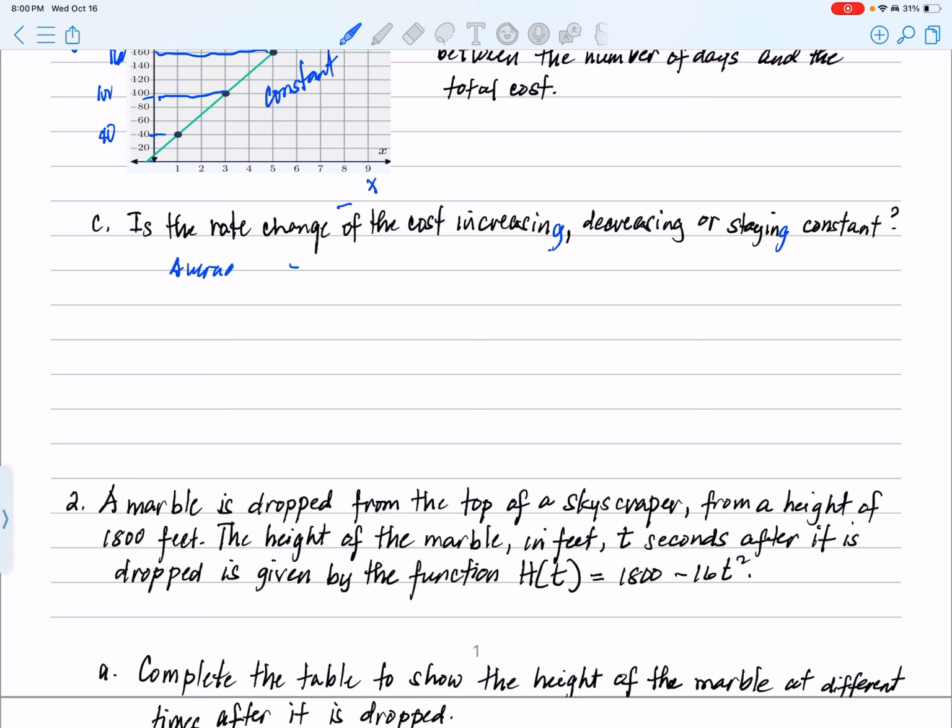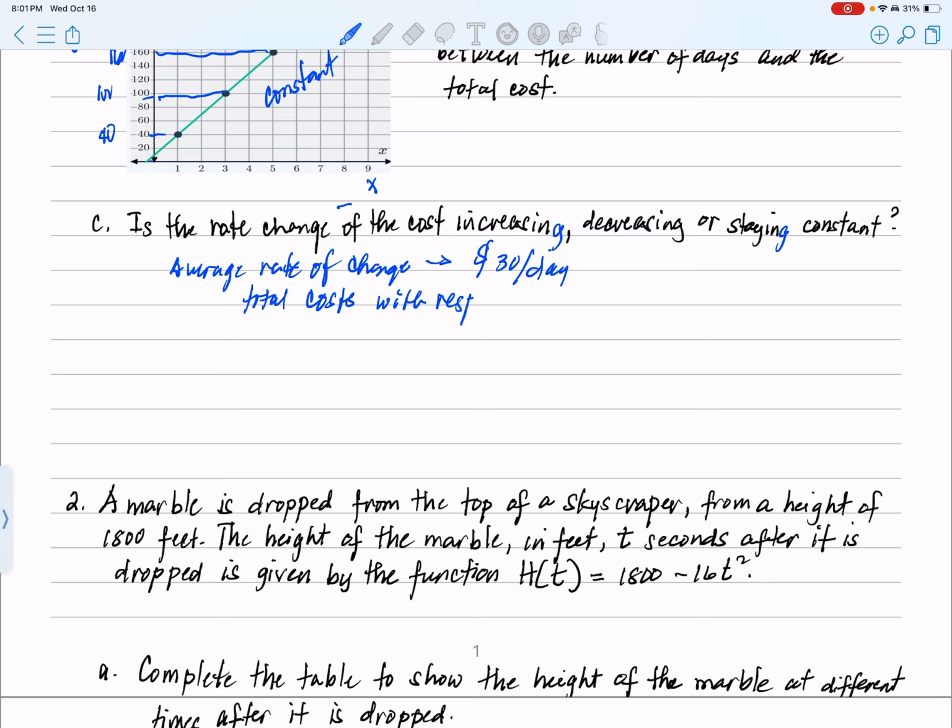We have that the average rate of change is $30 per day, which represents the constant rate at which the total cost increases with respect to the number of days.